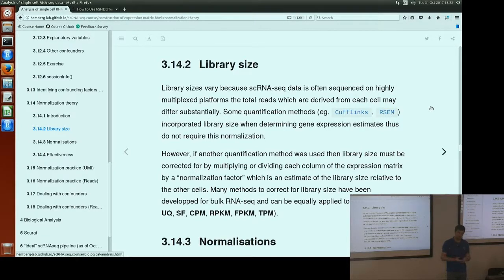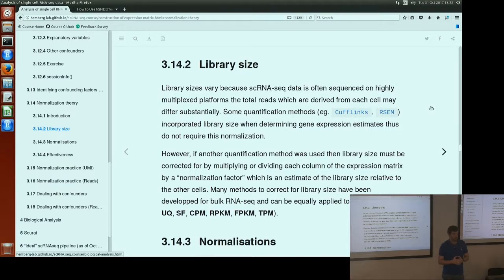Some quantification methods like Cufflinks and RSEM incorporate library size and build this in when determining gene expression estimates, and so don't necessarily require this sort of normalization. And that's some of the idea behind a TPM quantification method.